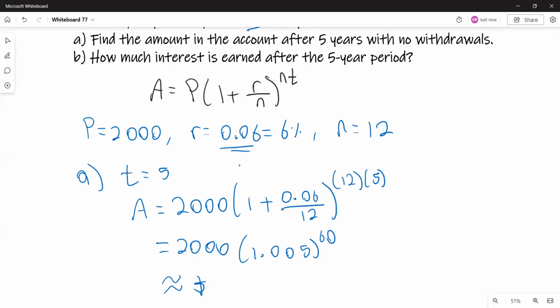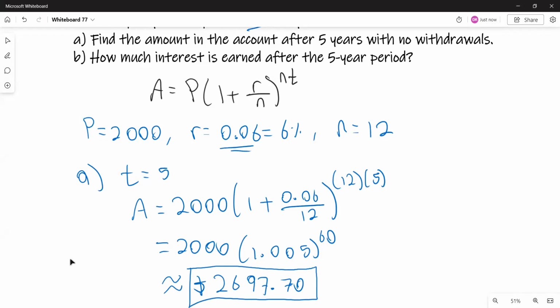Okay, so that's approximately, to the nearest cent, $2,697 with 70 cents. So that is the amount in the account after 5 years with no withdrawals.